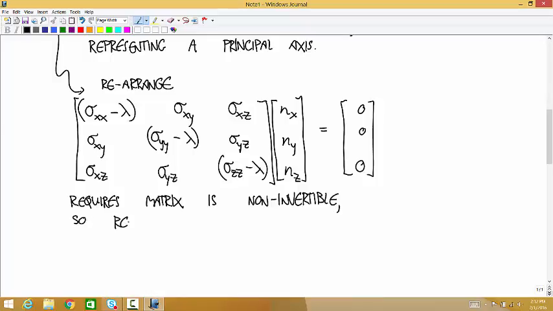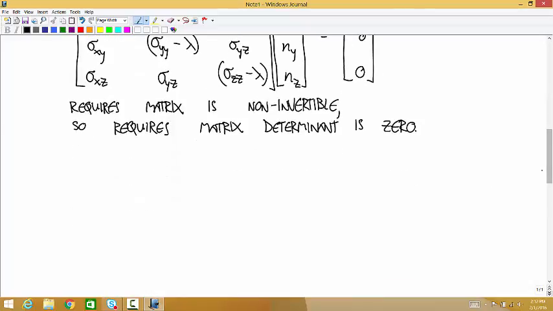So in order to have a solution for this, it requires that the matrix determinant is 0. Okay, so we need to know how to take a matrix determinant.